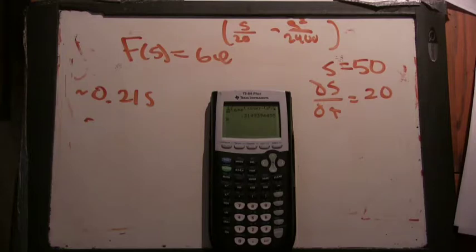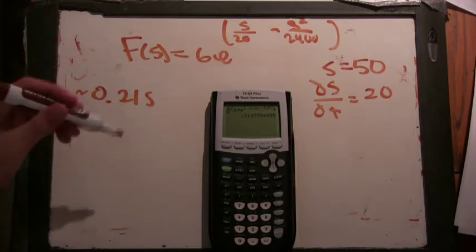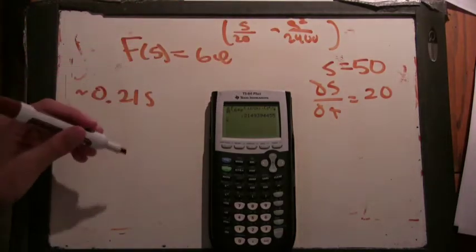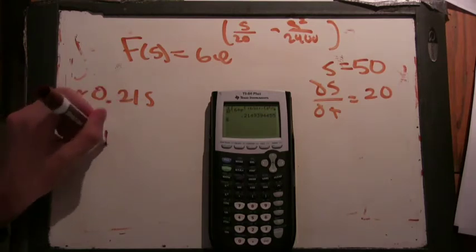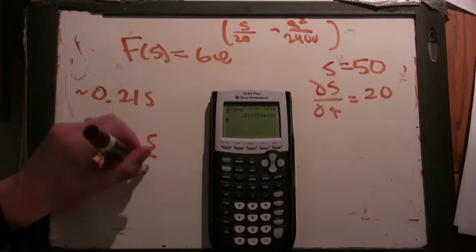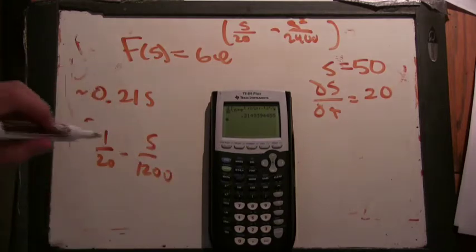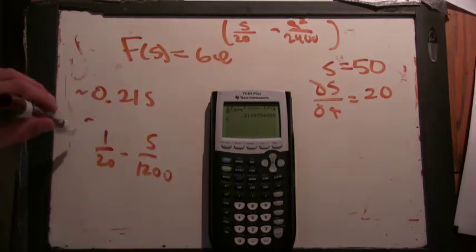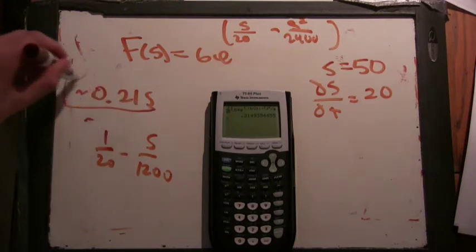I'm not sure that we did, but this is the smallest choice, and our chain rule expression would be 1/20th minus s over 1,200, which is super small. So I think this already did that, so I think this is our answer.